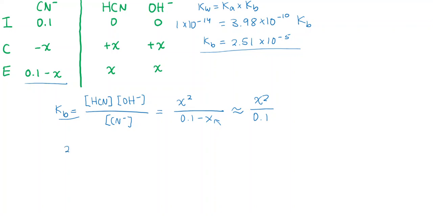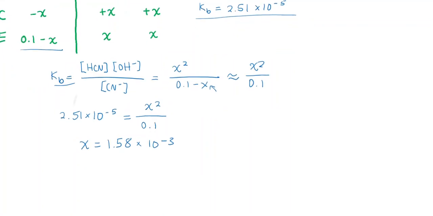Okay, so now we can plug this value in for Kb. So 2.51 times 10 to the minus 5 equals x squared over 0.1. And then solving for x, we will get 1.58 times 10 to the minus 3.